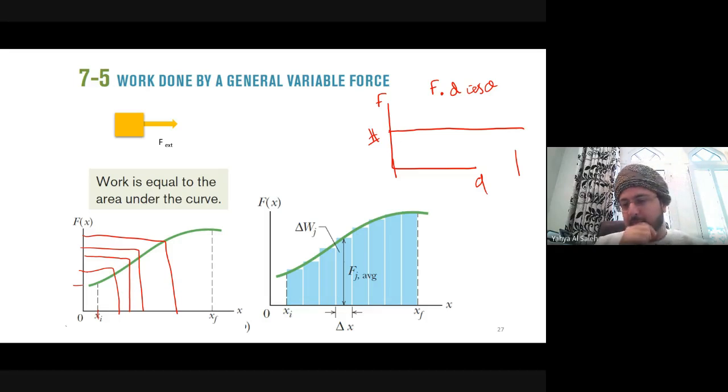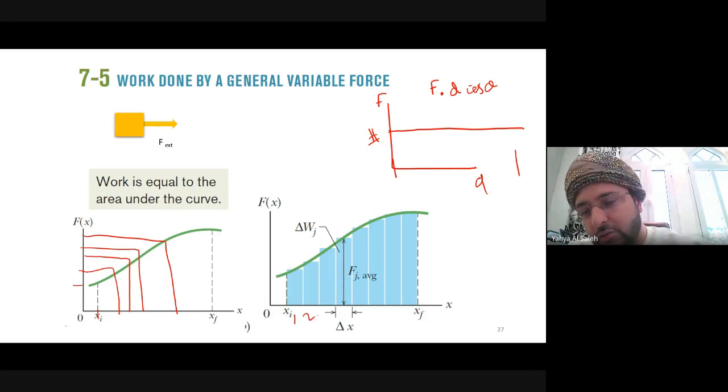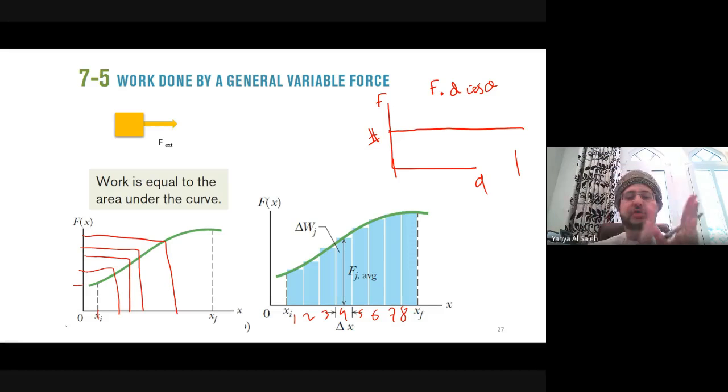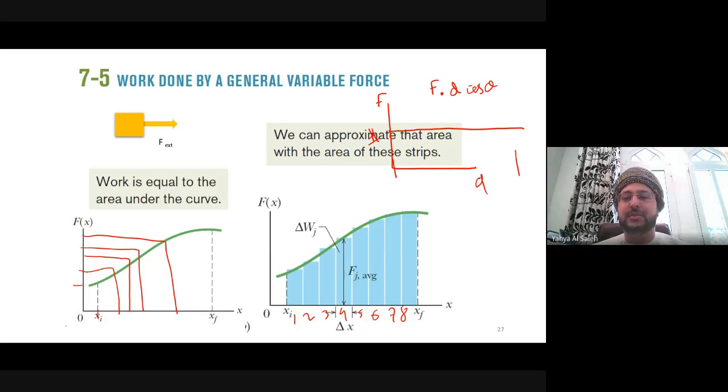So what I can do, like we did in the example of the spring, is take 1, 2, 3, 4, 5, 6, 7, 8 strips. I will take strips, and then I will increase the number of strips.